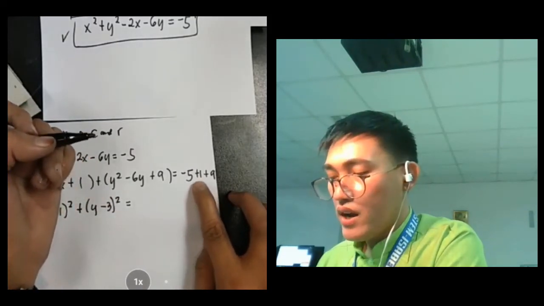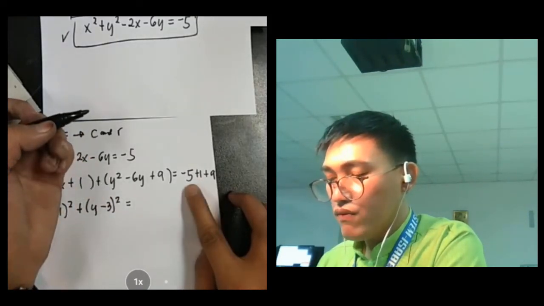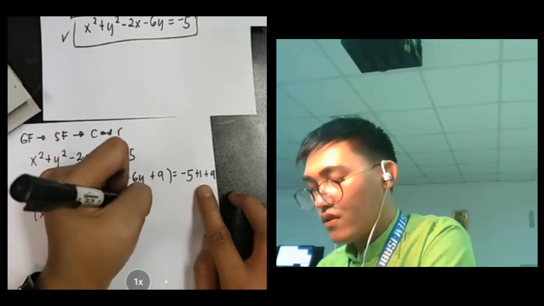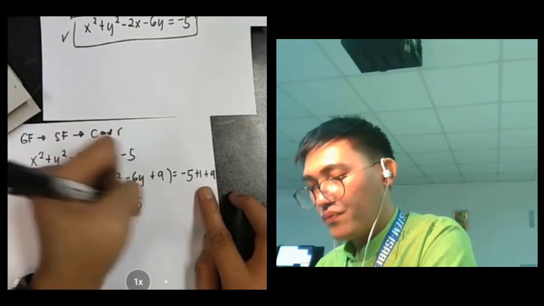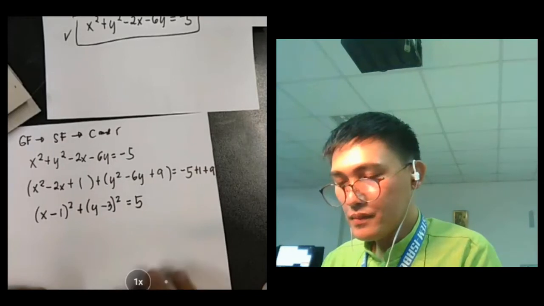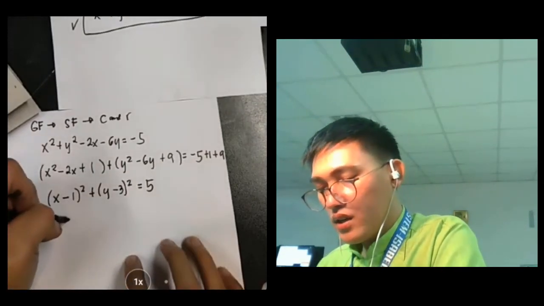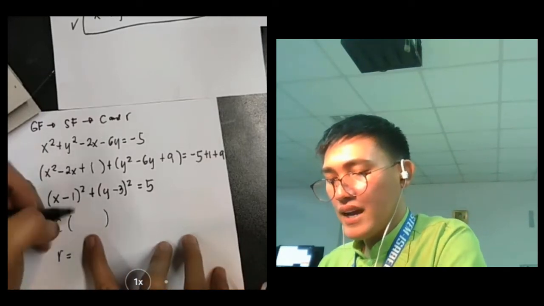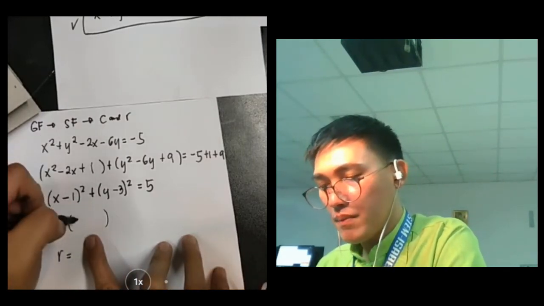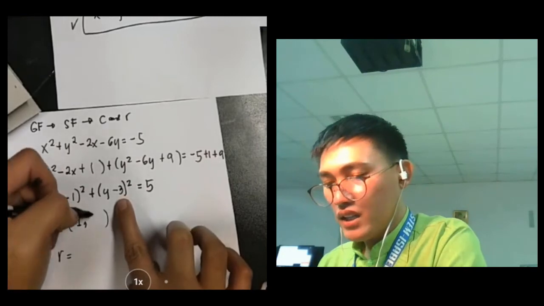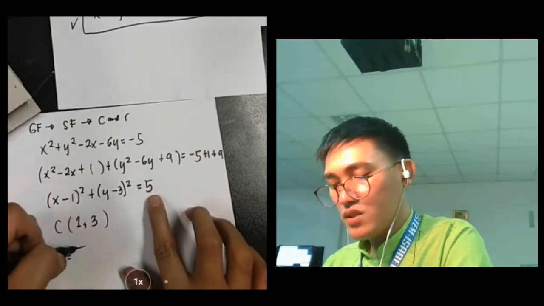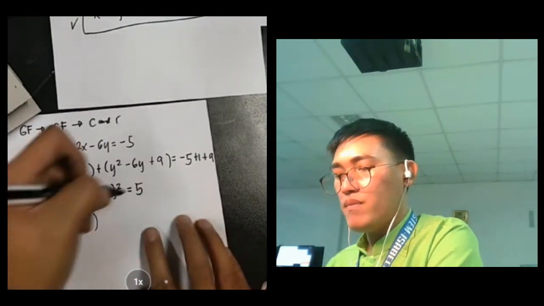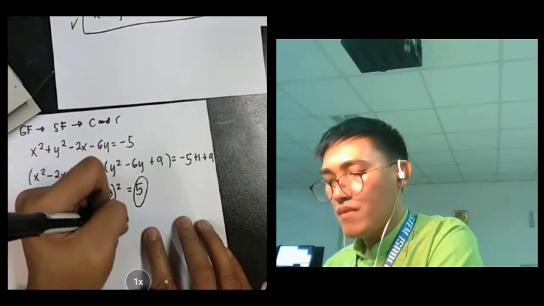So center and radius. Our center is at, just reverse the negative, it becomes +1. Reverse the negative, it becomes +3. And our radius is square root of 5 because this +5 came from r squared. So r squared is equal to 5. Get the square root to solve for r. R is equal to square root of 5.